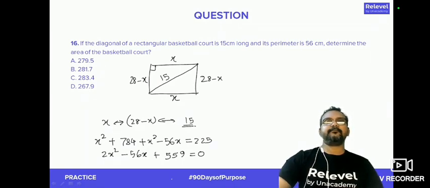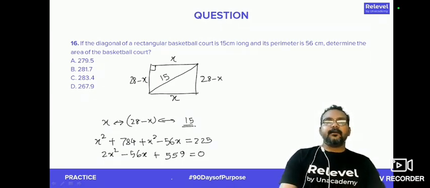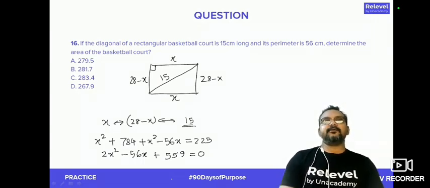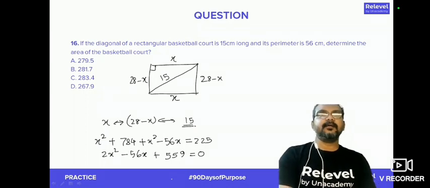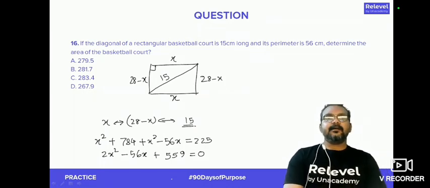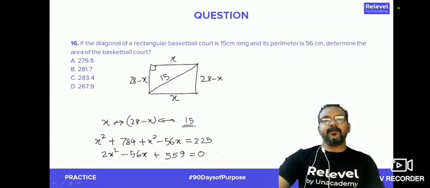Unfortunately, as you can see, this quadratic equation has irrational roots and is very difficult to solve manually because b squared will be 56 squared, 4ac, and then you have to take the square root as well. It will be difficult to solve, but with a calculator you can calculate the value of x.